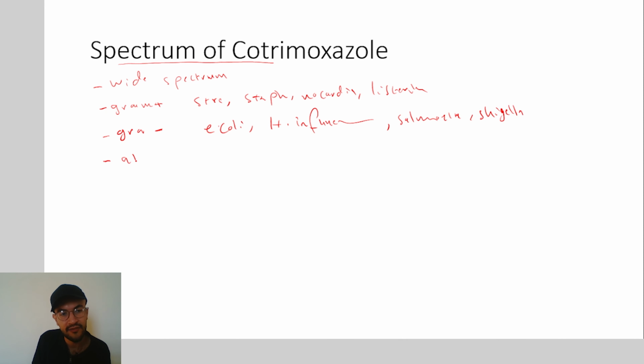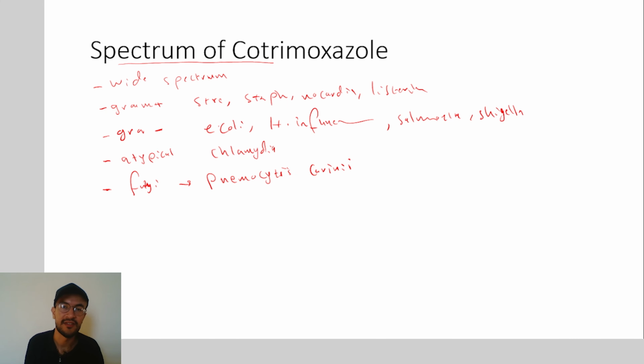It covers the atypical microorganisms like chlamydia, and it also covers the fungi like Pneumocystis carinii, which causes pneumonia in immune-compromised patients, and it has weak activity against anaerobes and Pseudomonas.